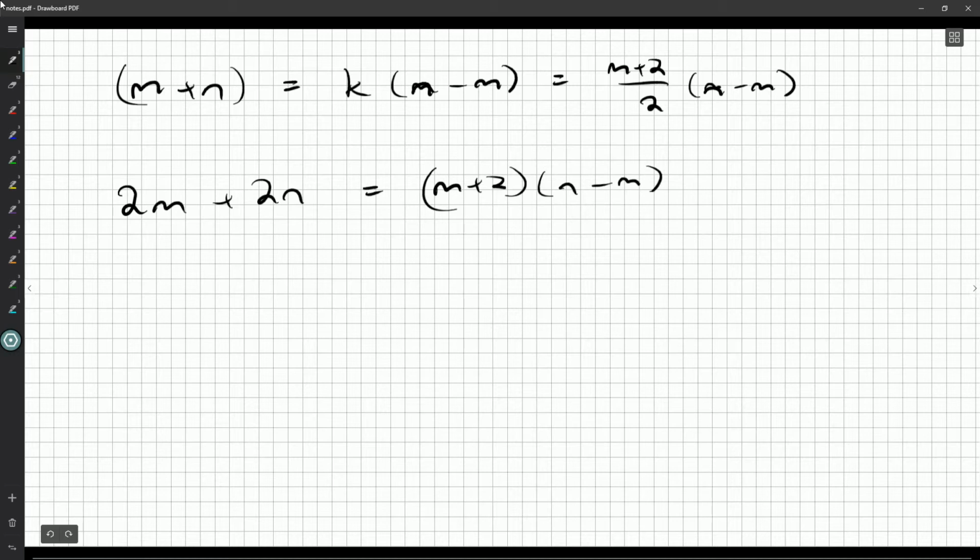I feel like I've lost sort of some direction here. mn here minus m squared here plus 2n minus 2m. I can definitely get rid of the two n's on both sides.